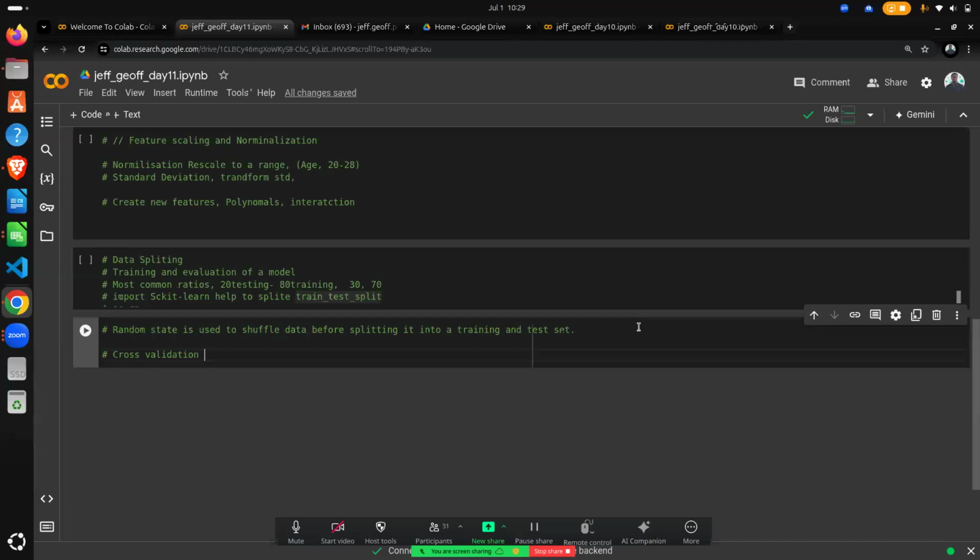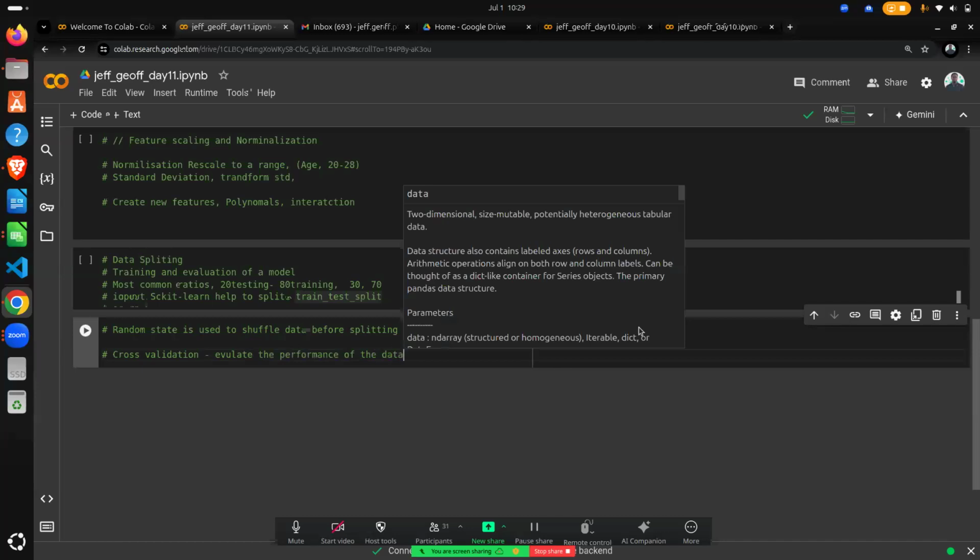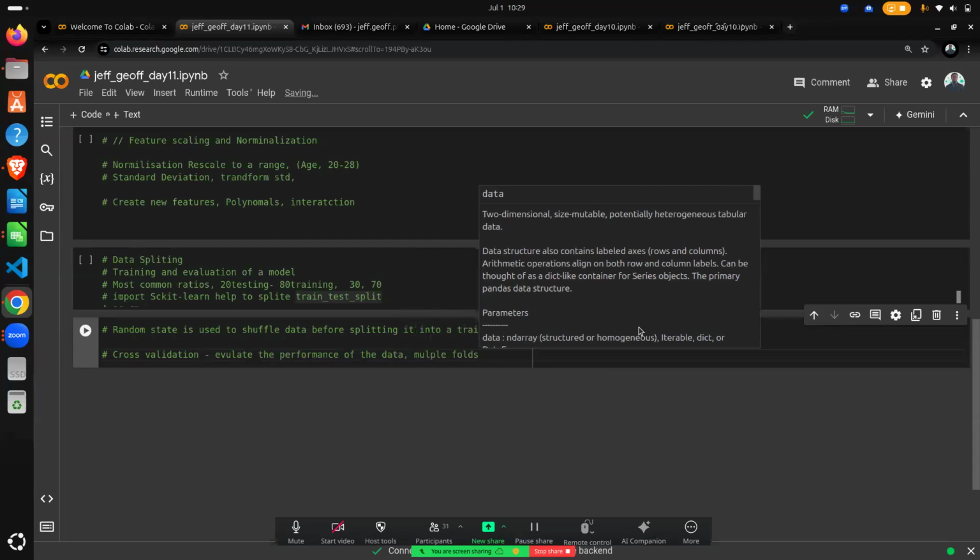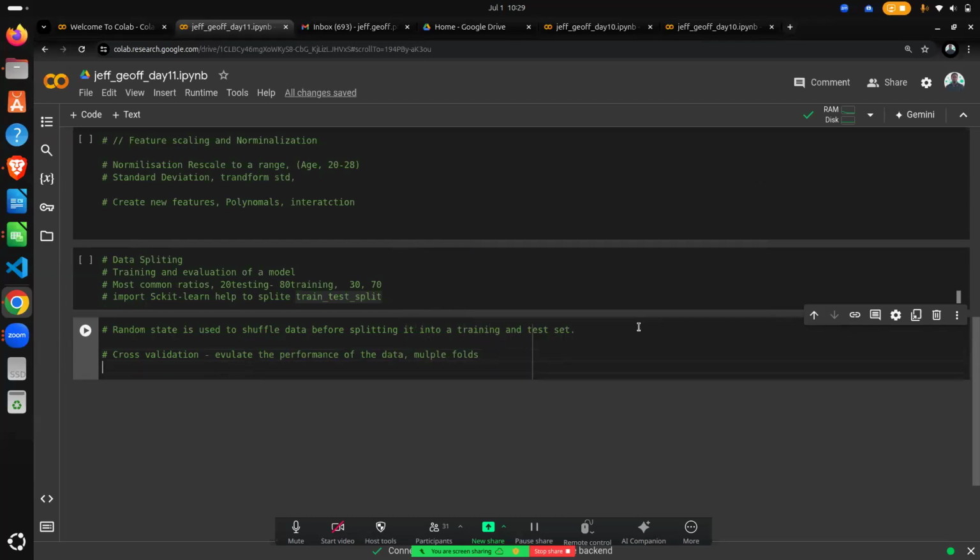So cross-validation here, in a simple way, is just to evaluate the performance of the model. And of course, you can do this into multiple folds.